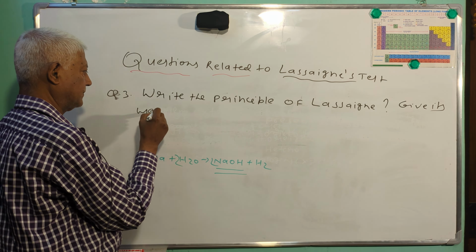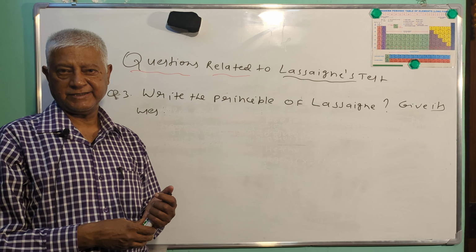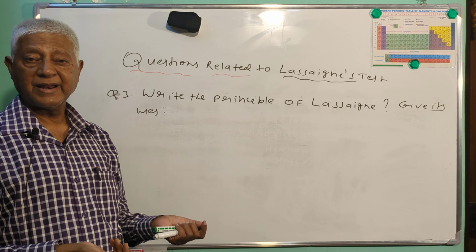So we have already studied about organic compounds. Organic compounds are generally covalent in nature, and when they are covalent in nature, they are generally insoluble in water. If they are insoluble in water, we cannot do any test of nitrogen, sulfur and halogen.